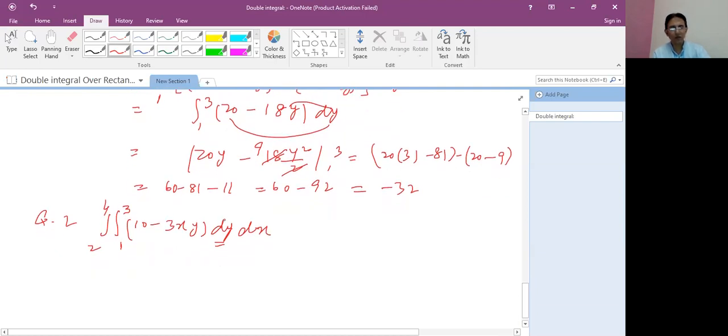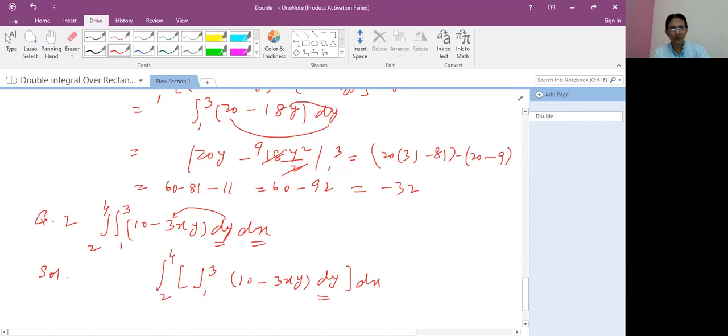So in this problem, student, we will integrate with respect to y first, keeping x fixed. We start from the first step: 10 minus 3xy, dy, dx, with the limit of x from 2 to 4.